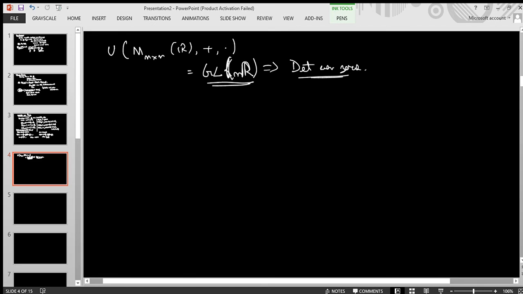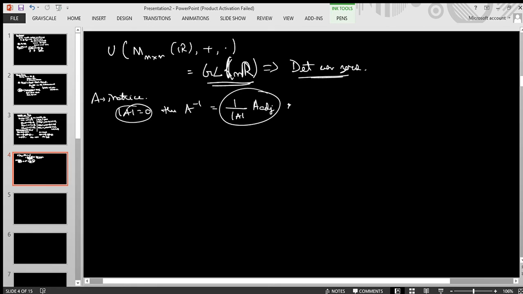If A is a matrix, the formula of A inverse is 1 over the determinant of A into adj A. So if the determinant of A was 0, this would have become undefined. So A inverse exists only if the determinant of A is not 0. Clear?